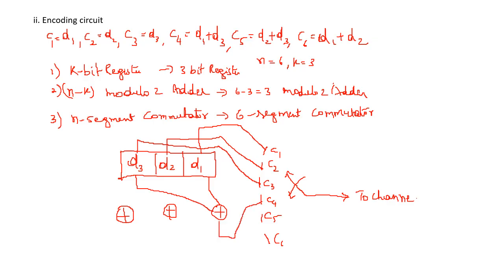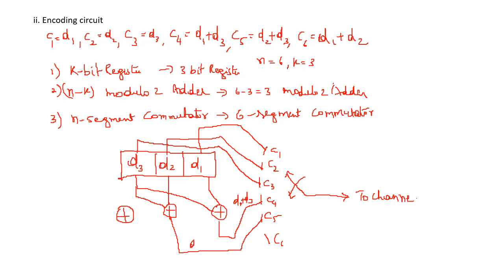Next you have C5 equal to D2 plus D3, so D2 plus D3 will form C5.